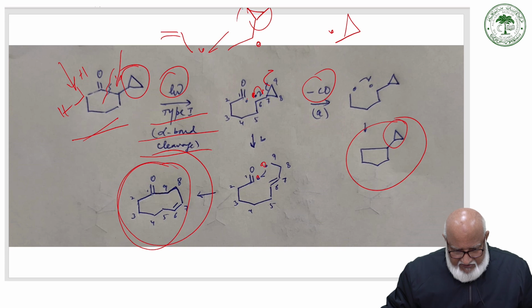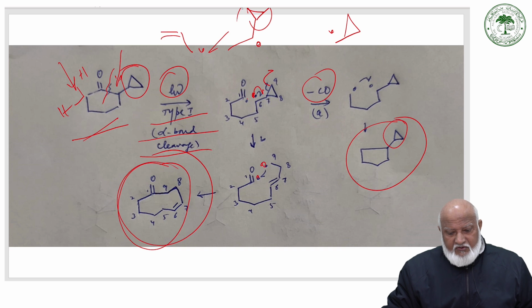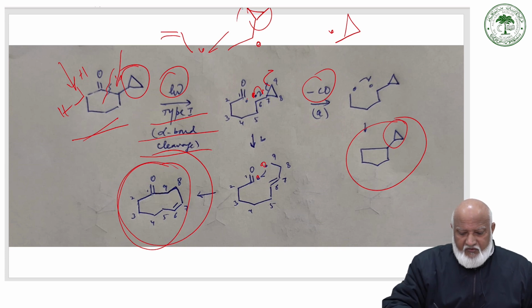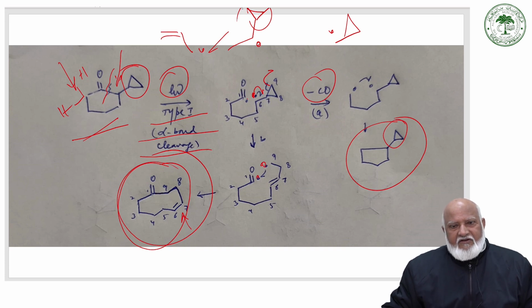See, 6, 7, 8, 9 carbon system. And of course with a double bond in it. So this is a very interesting example where the substituent becomes a part of the ring system, and we started with a 6-membered ring, we ended up with a macrocyclic ring system ketone.